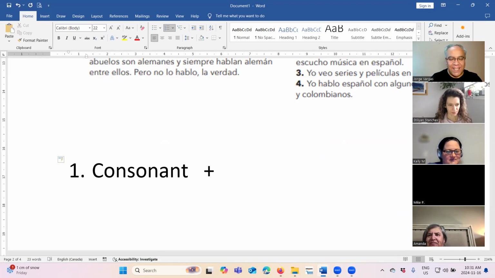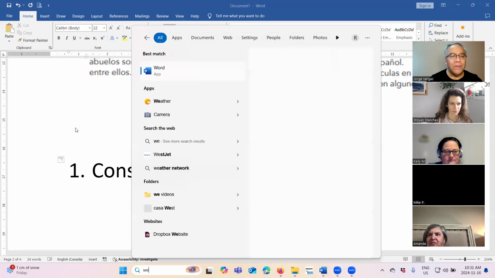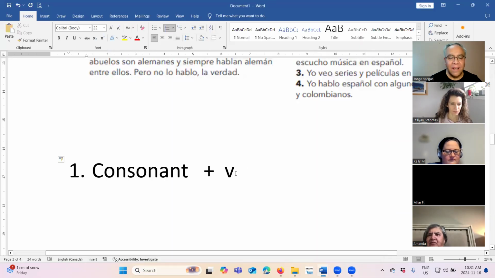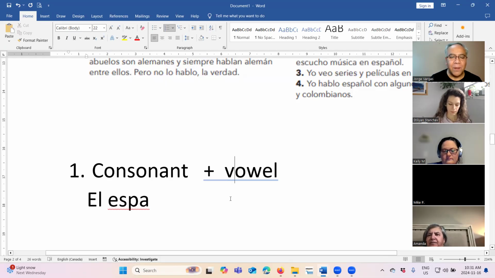So we have a consonant and then a vowel. That was our first rule. For example, one of the examples that we had was el español, right? That was the one we were using in our segment.